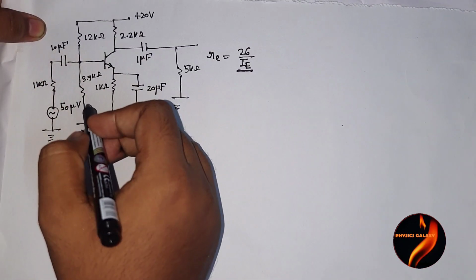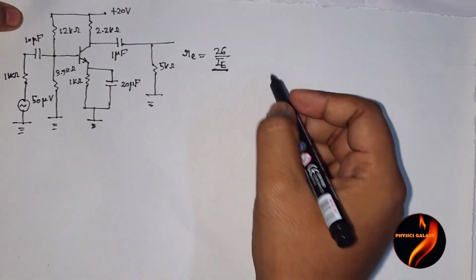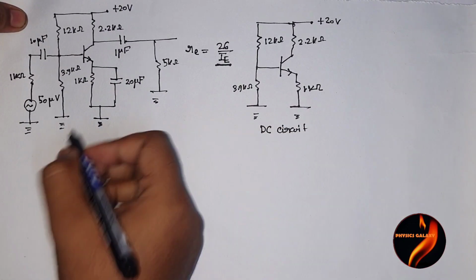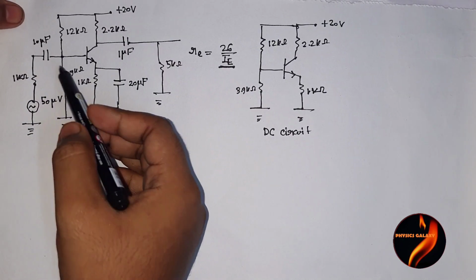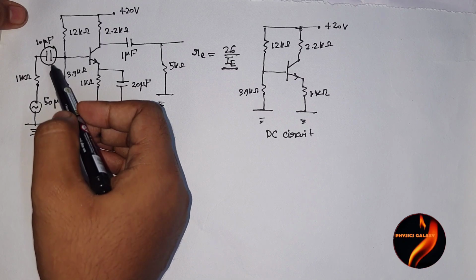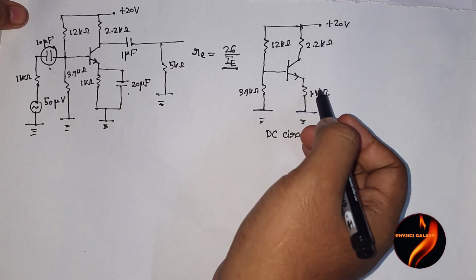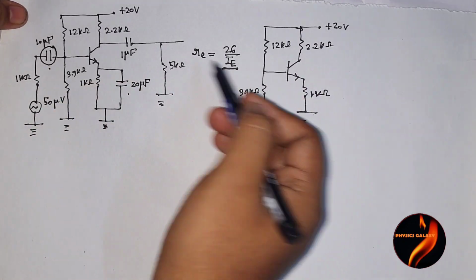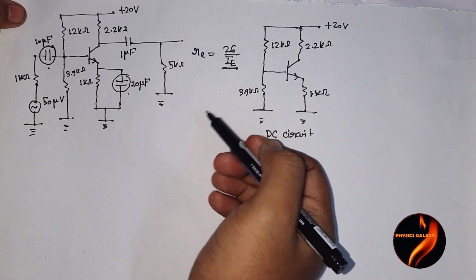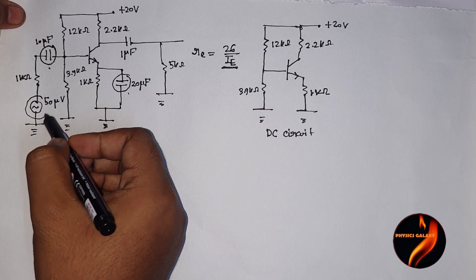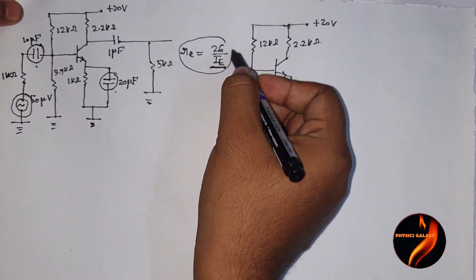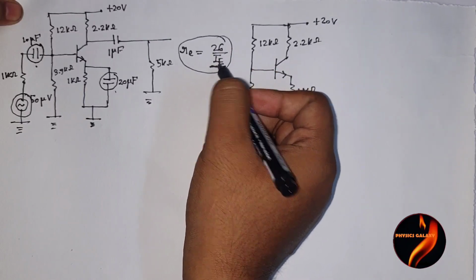The DC circuit of the given circuit excludes the capacitors, as DC current doesn't flow through capacitors, and it also excludes the input signal. So to find the AC emitter resistance, you have to find the emitter current.